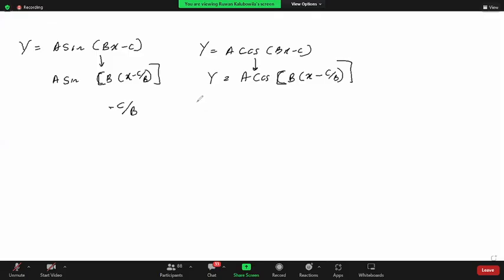That means we call it a shift. Shift may be negative or positive, right?